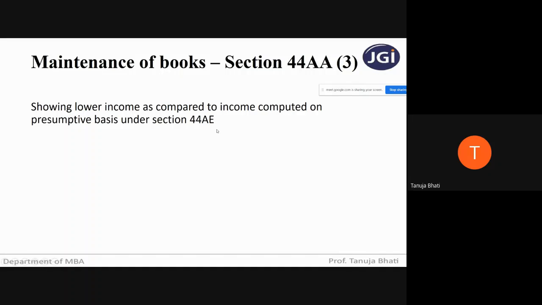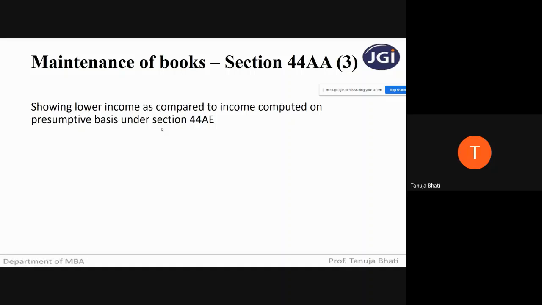It is the business of hiring and leasing goods carriage. If any person is into the business of goods carriage, they can follow the presumptive taxation scheme where they have to pay tax on a certain particular amount.